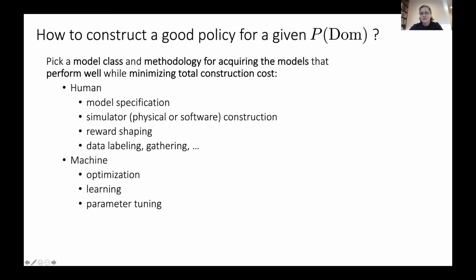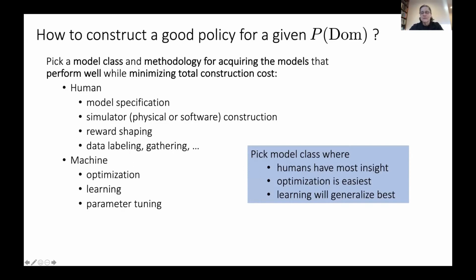And we also have to make life easy for the machine, really both offline and online. So we want to pick some model classes where humans have insight, where we can do learning and optimization, and it all works well together. So I'm trying to really understand how to take everything we know about learning, everything we know about planning, and put it together in a way that will make robots that are generally able to solve a very big class of problems.